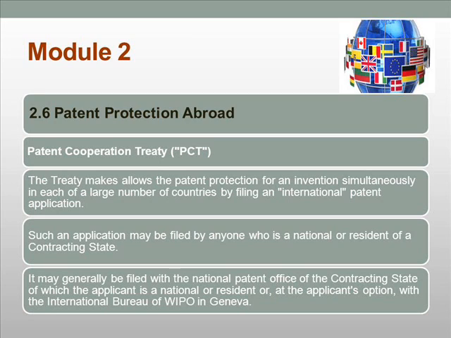Such an application may be filed by anyone who is a national or resident of a contracting state. It may generally be filed with the National Patent Office of the contracting state of which the applicant is a national or resident, or, at the applicant's option, with the International Bureau of WIPO in Geneva.